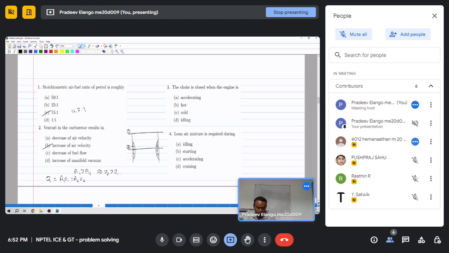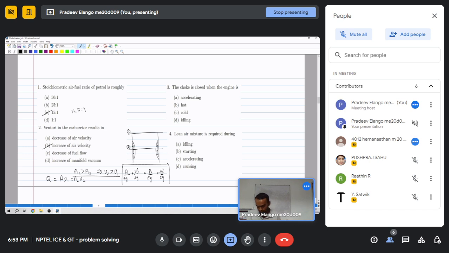And once velocity is high, with the Bernoulli principle we know pressure has to be compensated: p1/ρg + v1²/2g = p2/ρg + v2²/2g. So by the Bernoulli principle, since the velocity has increased, pressure will decrease. And I think for this question this is enough.